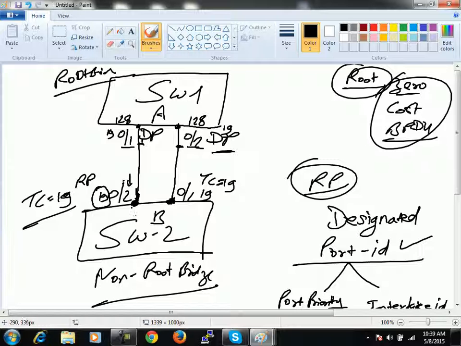The RP is already elected here, so the other port, being non-DP, will definitely be an alternate port and will move into the blocking state. So in this way it will elect its RP and DP if you are taking two switches and a redundant link between them. Okay, this is one example.